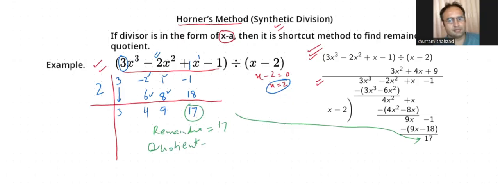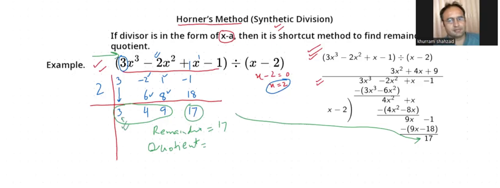These are the coefficients of the quotient. This one is the quotient polynomial's coefficients. So the degree of the given polynomial was 3. Now, after one step, this 3 is now the coefficient of x squared.